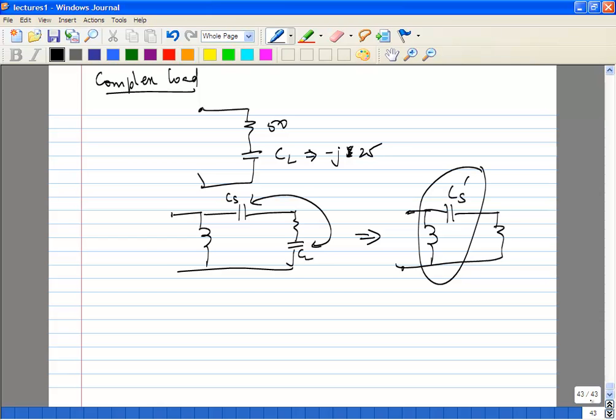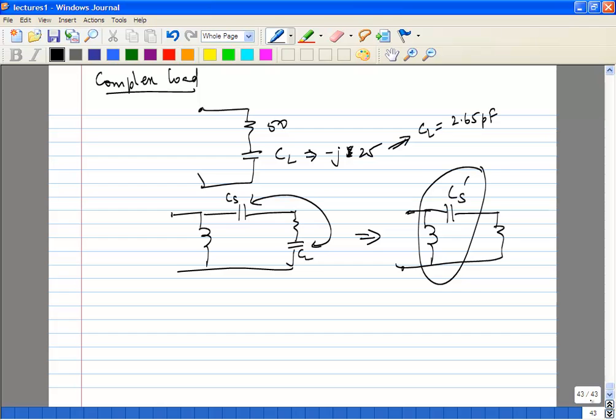You can calculate your CL from this: 1 over j omega C is the same as minus j25. So CL turns out to be 2.65 picofarads.